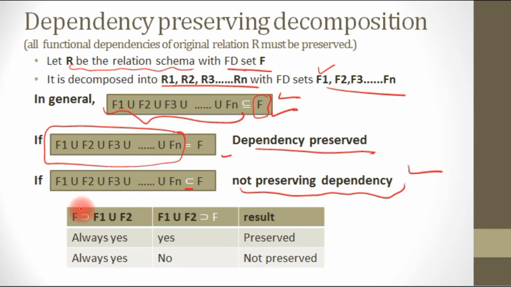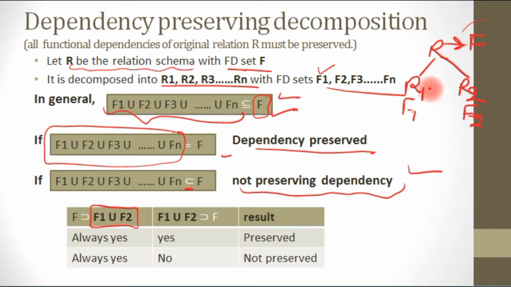If we are talking about the functional dependencies of two subrelations R1 and R2, let's suppose R is decomposed into two subrelations R1 and R2, and it has functional dependency set F, and they have F1 and F2. First of all, the F1 and F2 functional dependency sets are derived from F only.